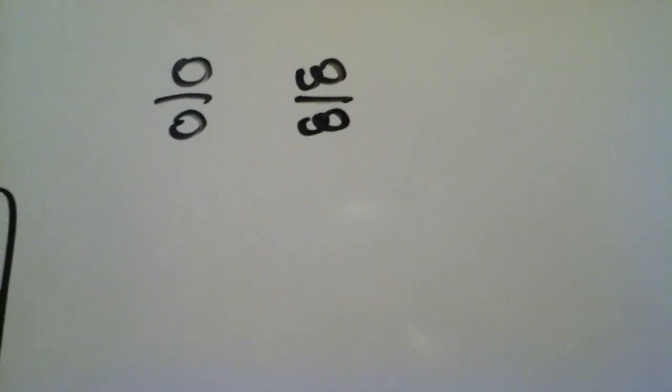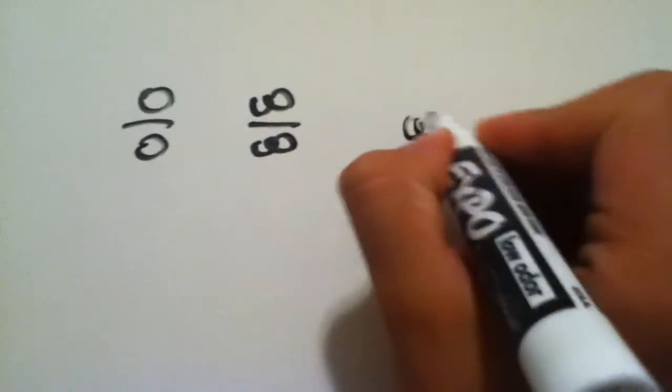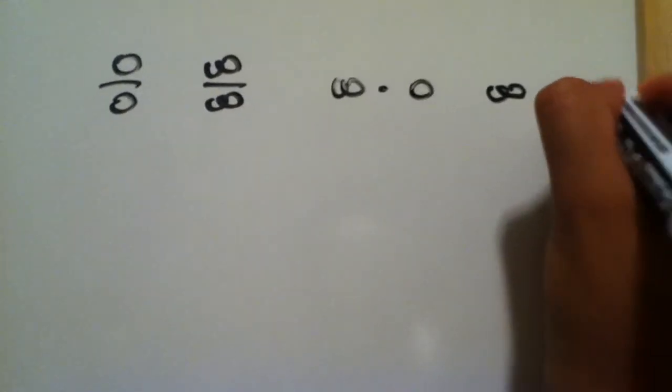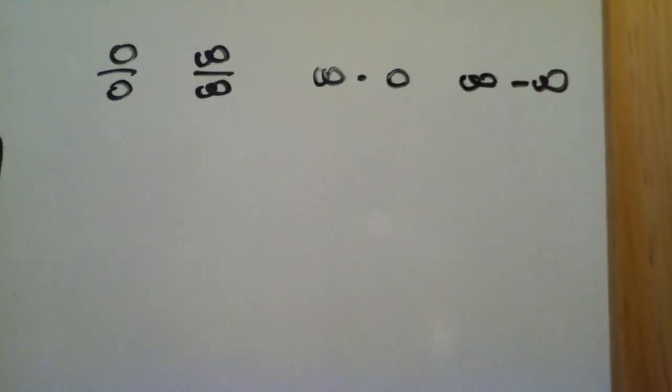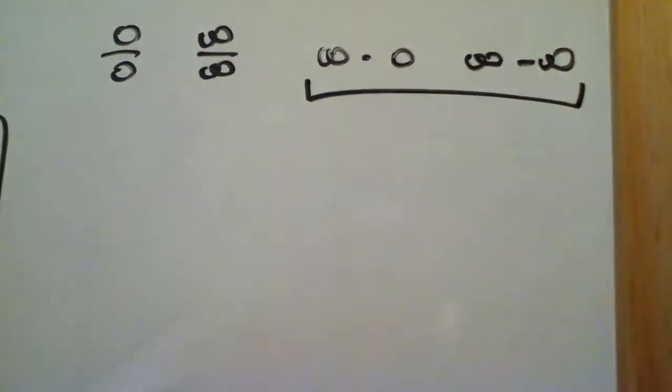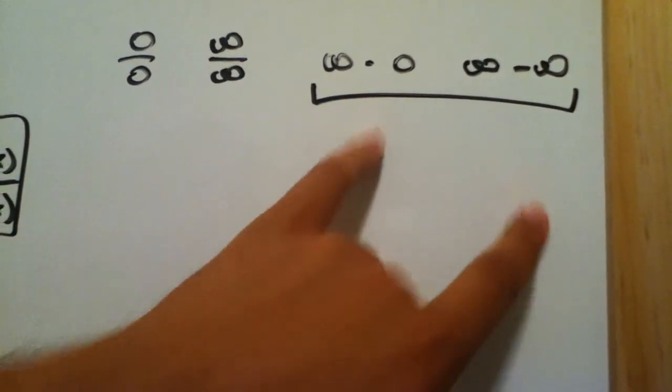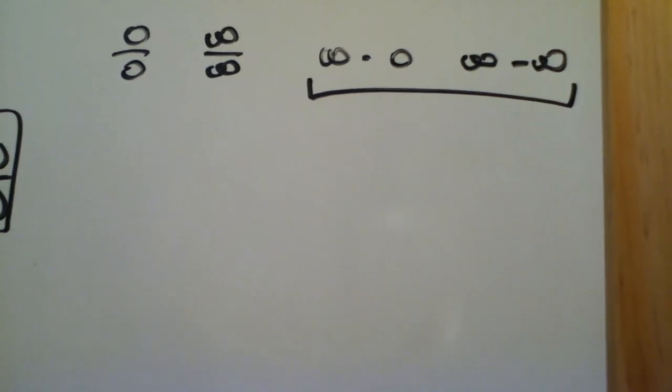You have to do nothing more. However, there are other forms like infinity times 0 or infinity minus infinity. For these two, there are more manipulations involved.